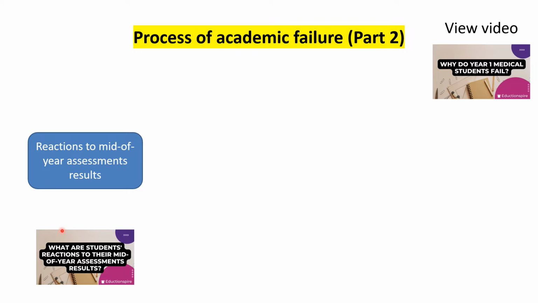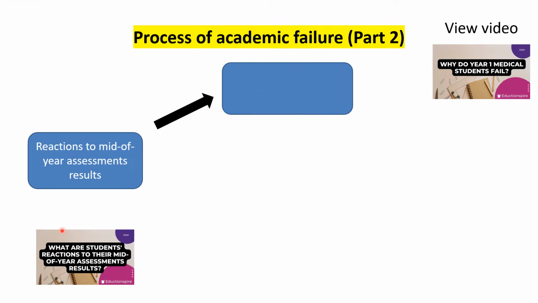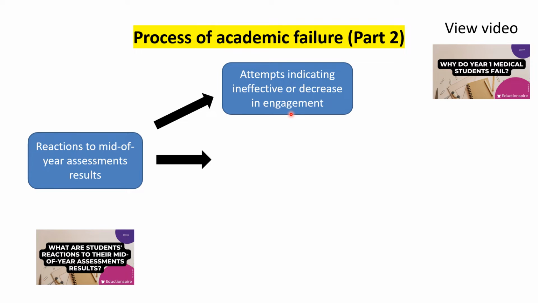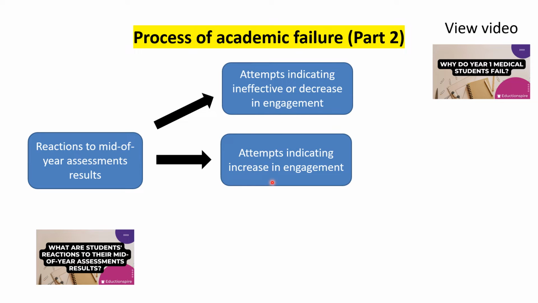Alright, and from these reactions, it will lead to 3 different types of attempts. The first attempt is attempts indicating ineffective or decrease in engagement. The second attempt is attempts indicating increase in engagement in learning.